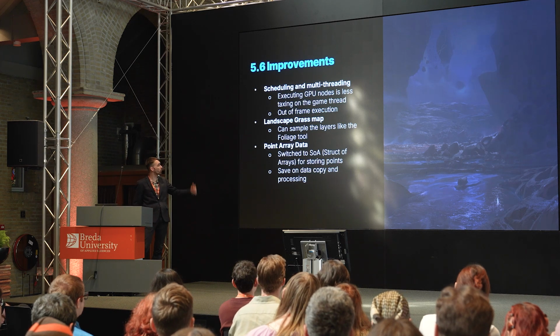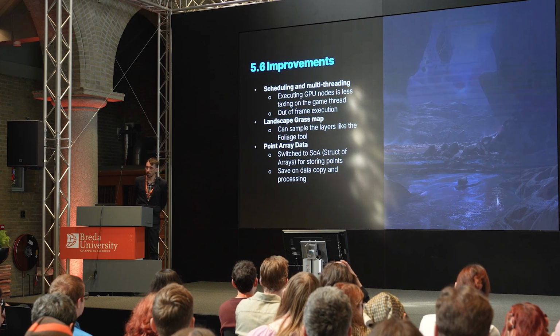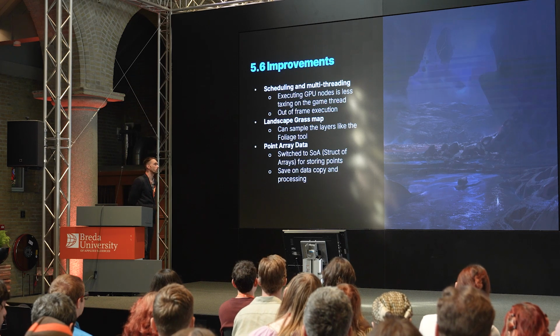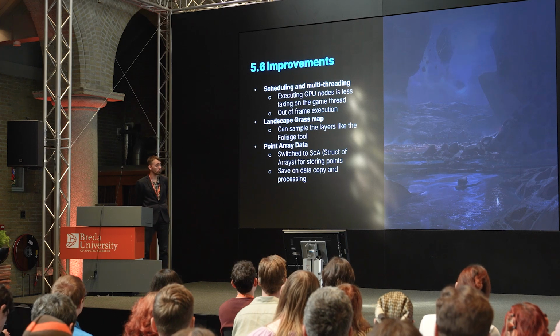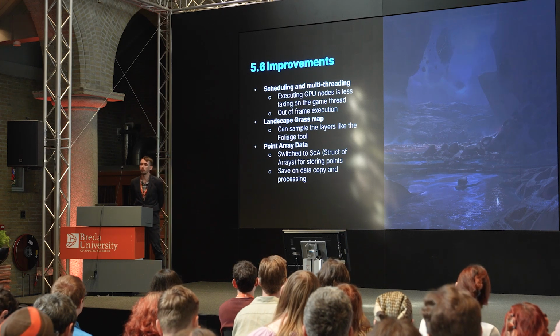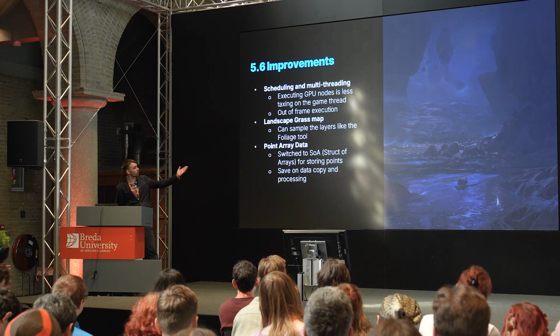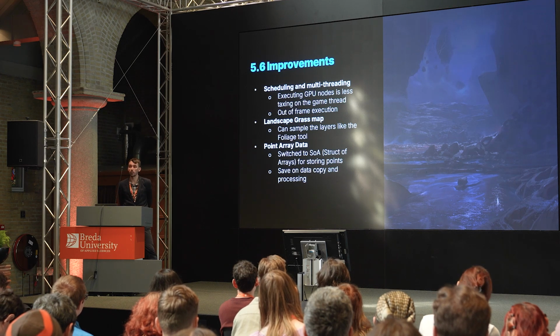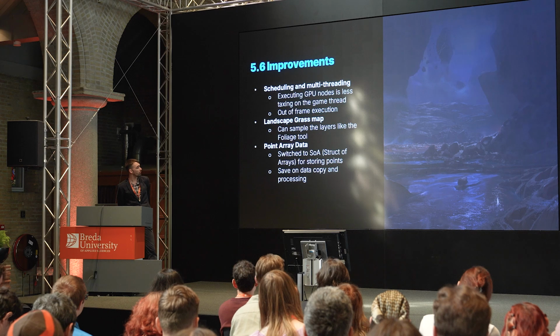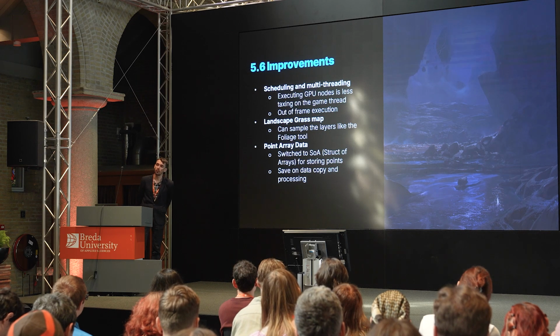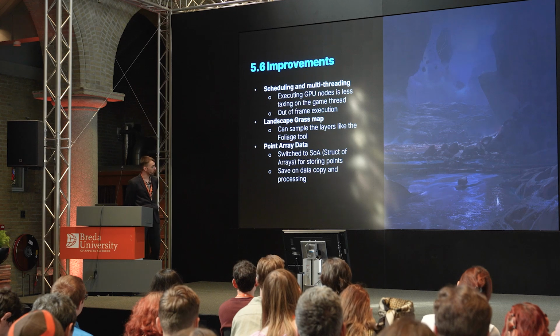No, you can just let it run, and then we just get the result back. We'll also have support for the landscape grass map, and this will make the GPU nodes able to sample the landscape grass map. This will bring us close to what the foliage tool is doing, and so we'll be able to have the sampling directly on the GPU for the landscape grass map. Also, a bit more technical, but we are switching how we are storing points underneath, going to a structured array.